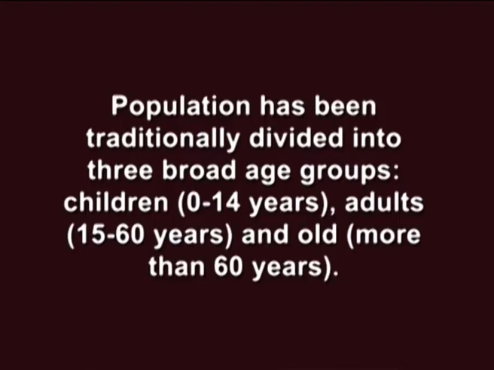The age composition of population has significant implications for the current and future development of a country. Population has been traditionally divided into three broad age groups: children 0 to 14 years, adults 15 to 60 years, and old, more than 60 years.